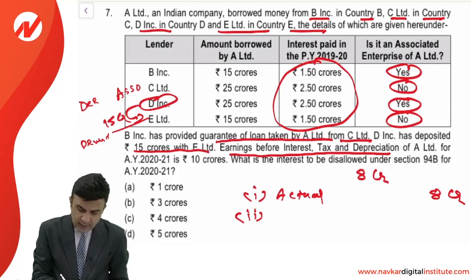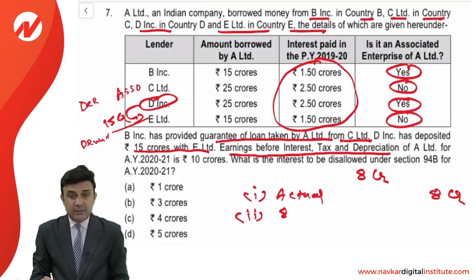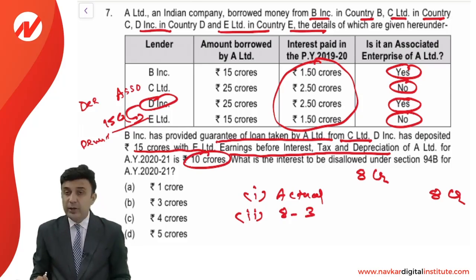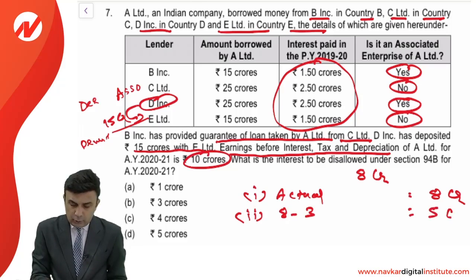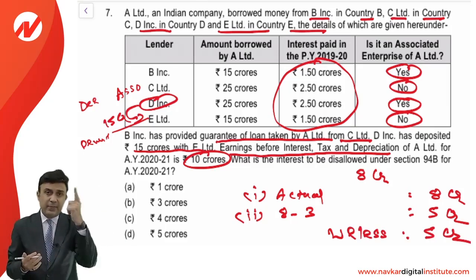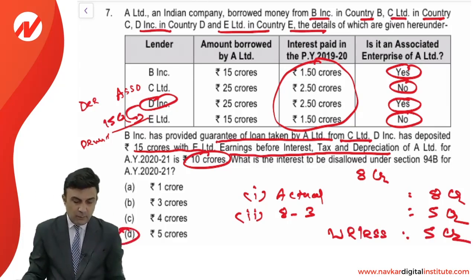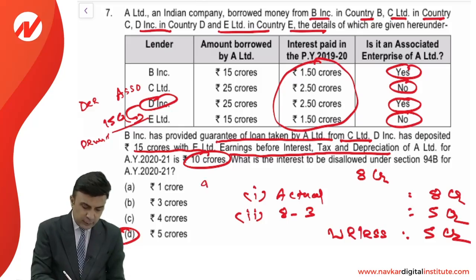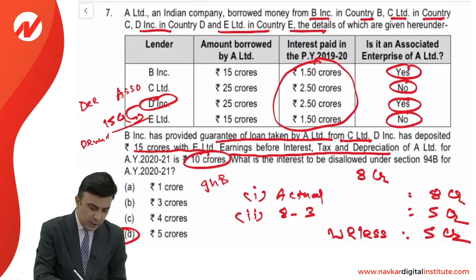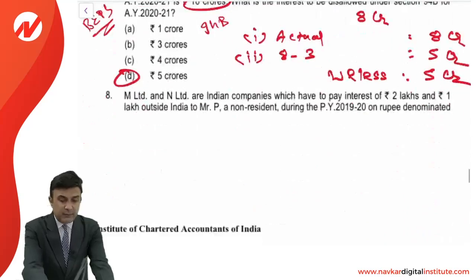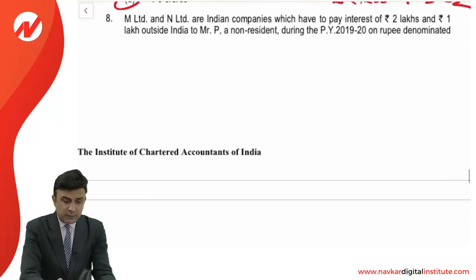Now my actual interest paid is 8 crore. 30% of EBITDA will be 3 crore. So 5 crore. I will be able to face the disallowance of whichever is less, and that is going to be my interest worth 5 crore will be disallowed as per section 94B. It is the rule of BEPS that will be applicable.